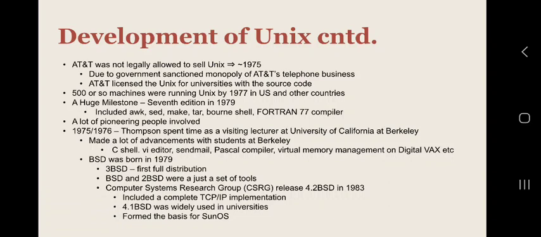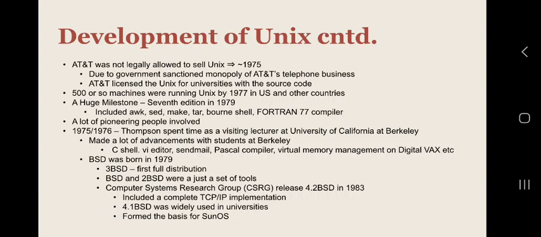If you have heard of the vi editor, I'm pretty sure that you have, and it's still used today, and it was developed during that time. And sendmail, another program, and the Pascal compiler, and they also brought in concepts like virtual memory management on the Digital VAX architecture at that time.